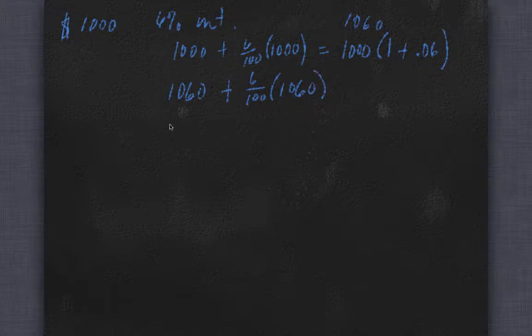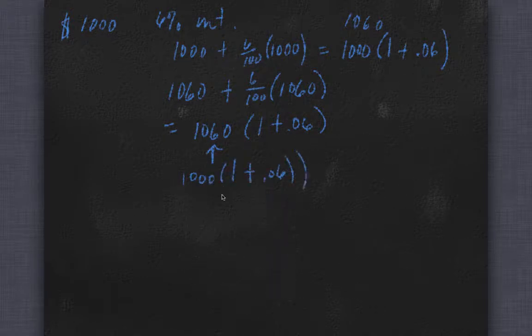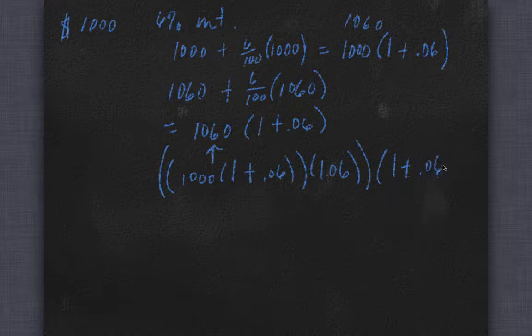So that would be 1,060 times 1 plus 0.06. But this itself was 1,000 times 1 plus 0.06. So now I've taken all that and multiplied by 1.06. And if I let it sit another year, then I'd take everything I had and I'd multiply it by 1 plus 0.06, and so forth.